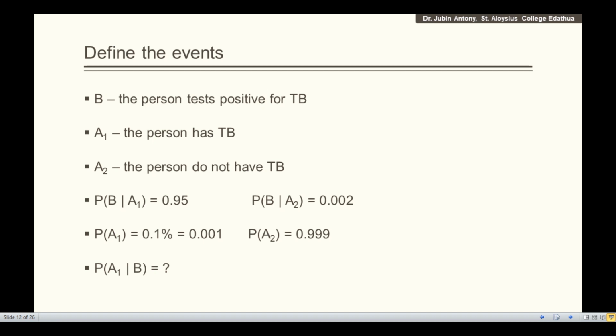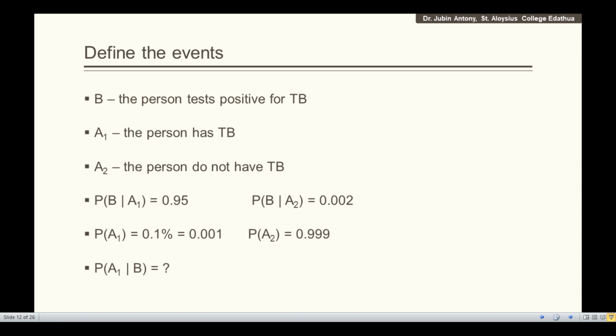It is mentioned that in that city, 0.1% of the population is suffering from TB. Therefore, probability of A1 equal to 0.001 and therefore probability of A2 can be calculated as 1 minus 0.001, which is nothing but 0.999.